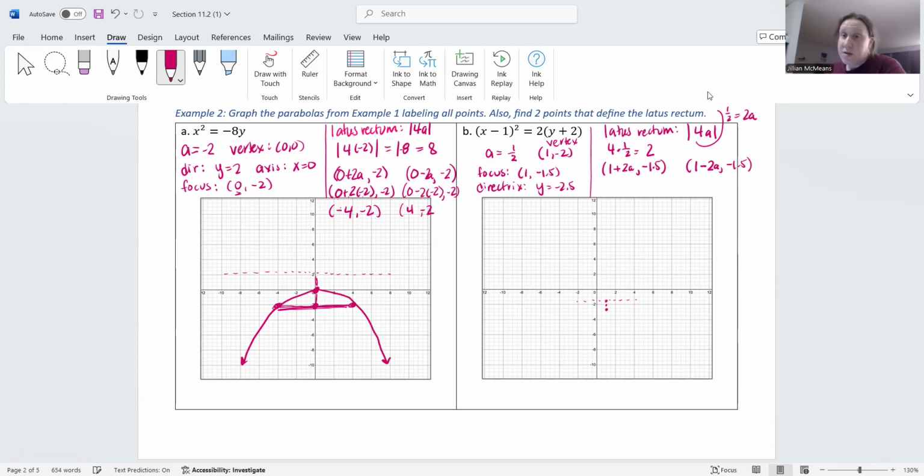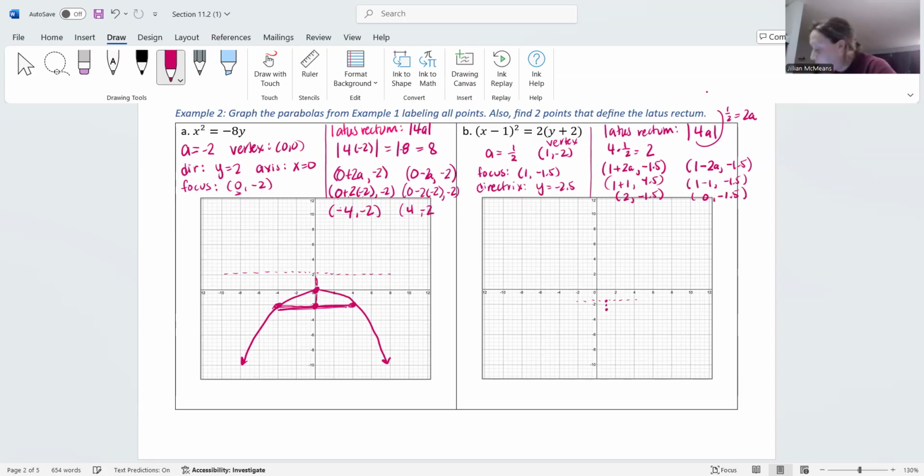All right, so what is 2 times a? Well, a is 1/2. 2 times a is 1. So we're going to get 1 plus 1, comma, -1.5, which is (2, -1.5). And then we're going to get 1 minus 2 times a. Well, a is still 1/2. 2 times 1/2 is 1. So we're going to get 1 minus 1, comma, -1.5, which is (0, -1.5).